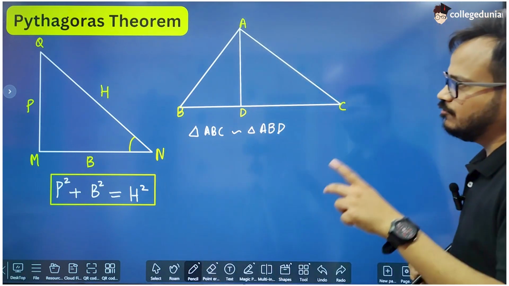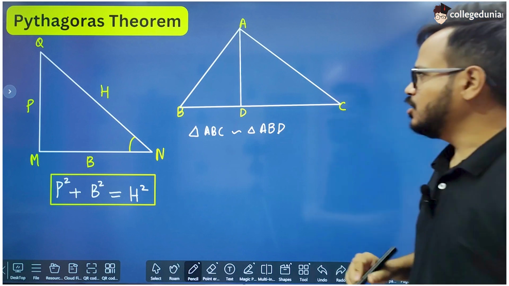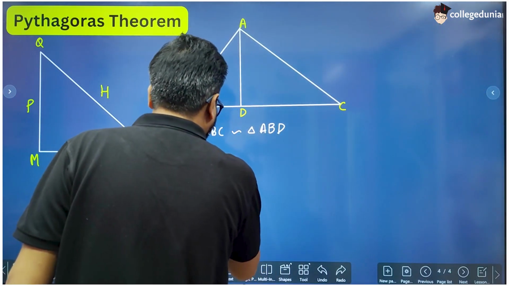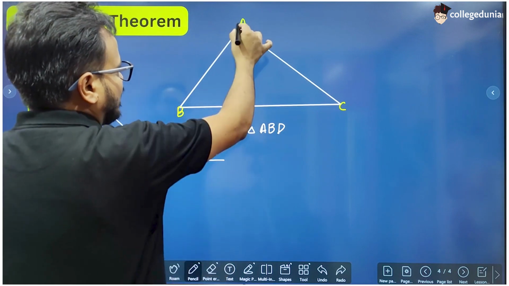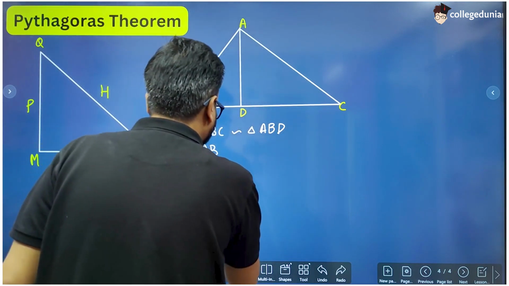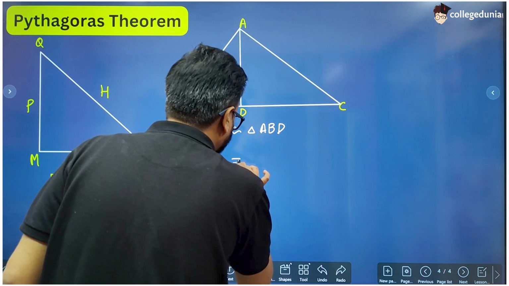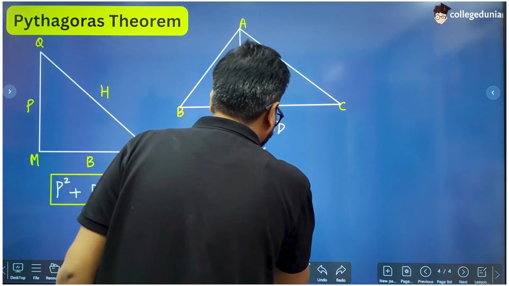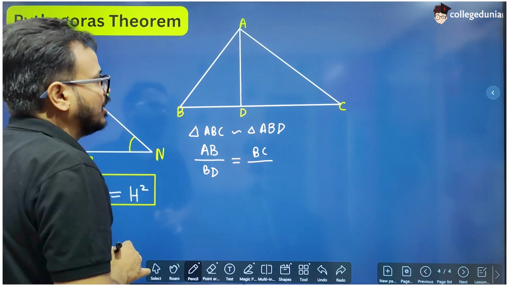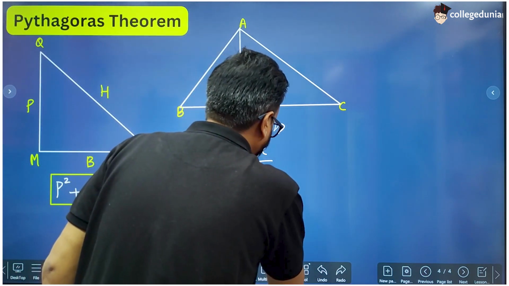We can say the ratio of the sides of these two triangles is equal. So we can say that AB divided by BD, AB is the side of the bigger triangle, divided by BD, which is the side of the smaller triangle, equal to BC, which is the side of the bigger triangle, divided by AB, which is the side of the smaller triangle, right?